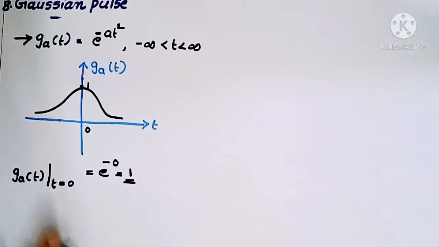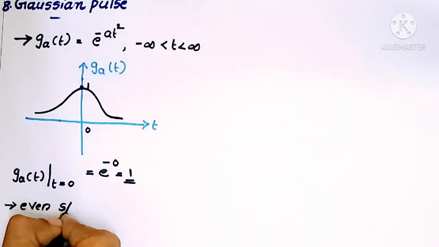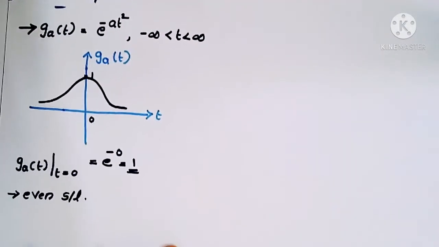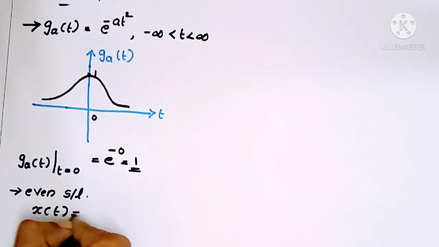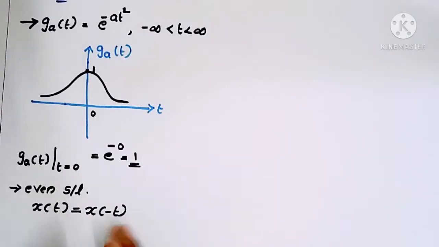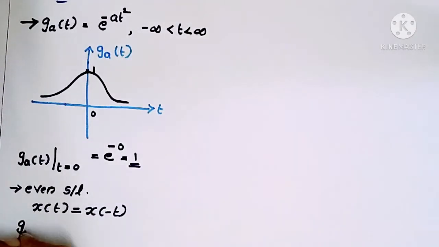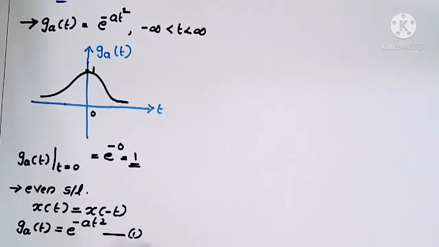Also, this Gaussian pulse is an even signal. What is the condition of an even signal? x of t should be equal to x of minus t. So here we can check this condition. First, Ga of t is equal to e raised to minus a t square, equation number 1.